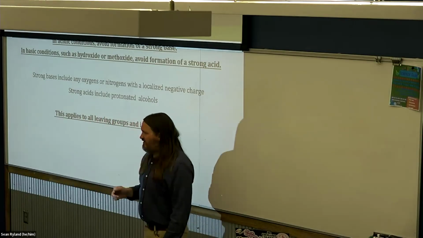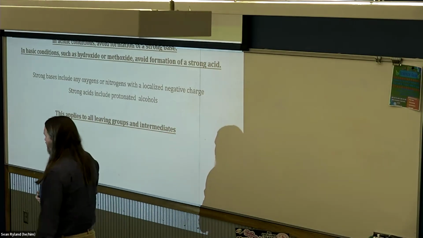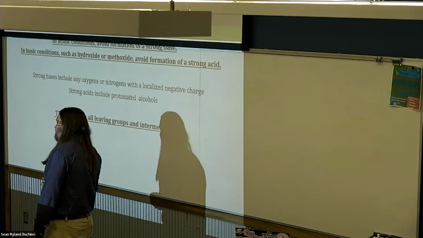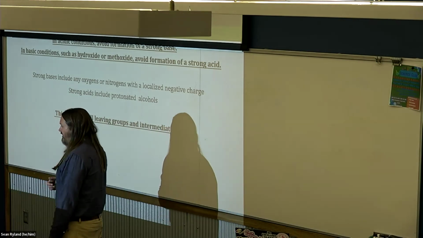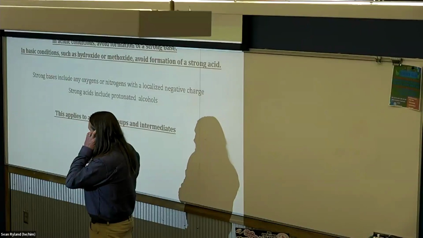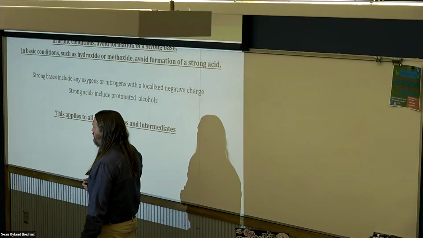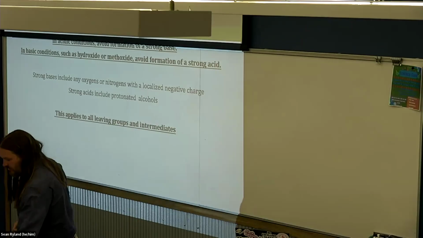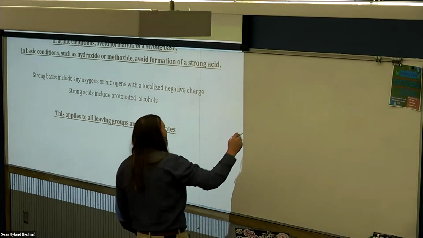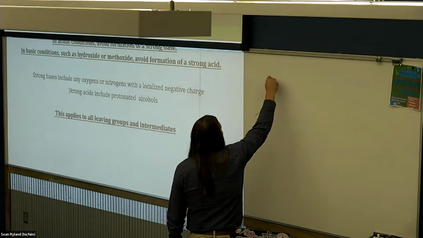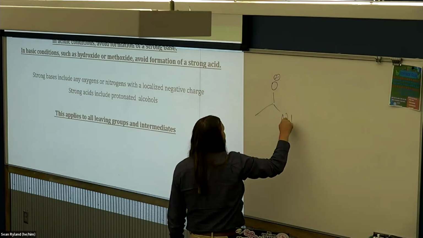So for that last one, where we said we had to deprotonate the ammonia before it could attack, ammonia is not a strong base. So even if we're under basic conditions, we could still make that intermediate that looked like this to some extent.